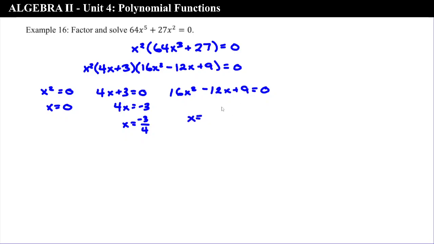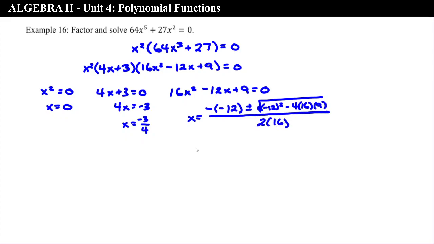So x equals the opposite of b, so we got negative 12, plus or minus the square root of b squared minus 4ac, all over 2a. So we've got 12 plus or minus.